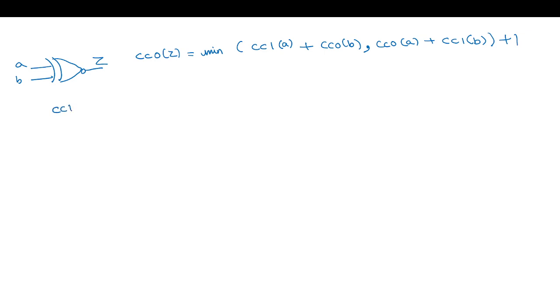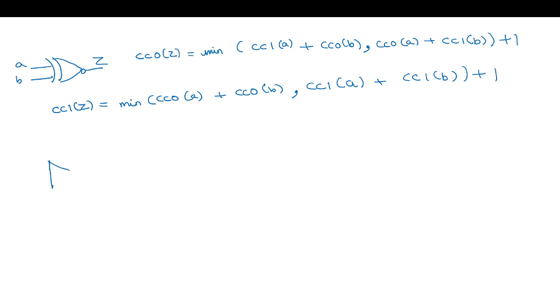And for controllability to 1, it is the minimum of CC0 of A plus CC0 of B, or both should be 1, plus 1.